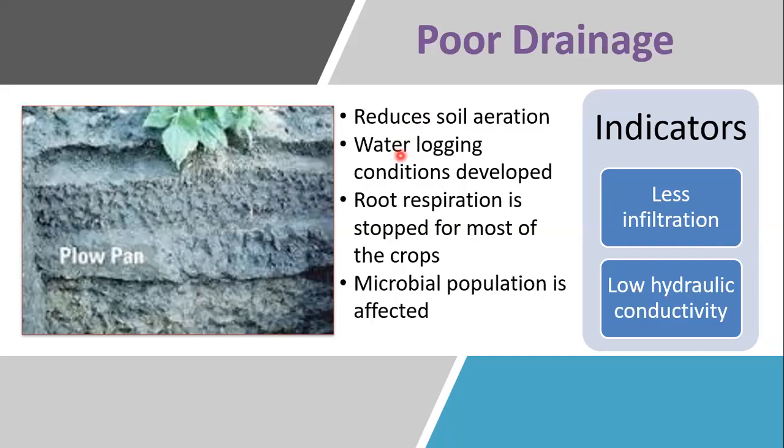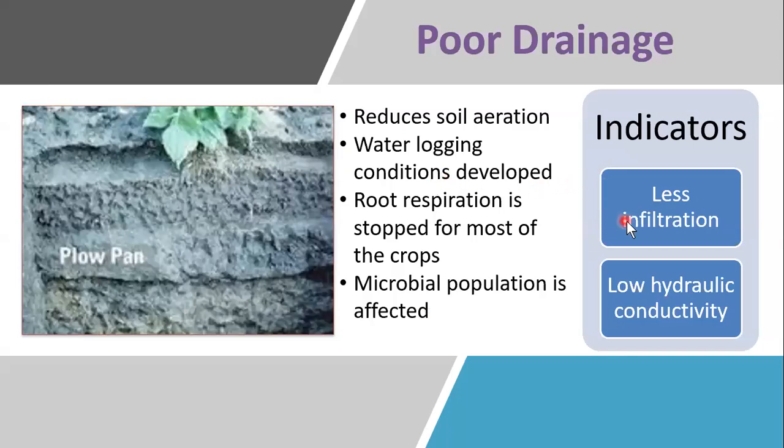If the drainage is poor, then the water will be standing on the root zone. Root respiration is, of course, disturbed when we don't have air space in the soil. Then the microbial population, because microbes also need aeration. So if we have poor drainage, that will affect their activities.